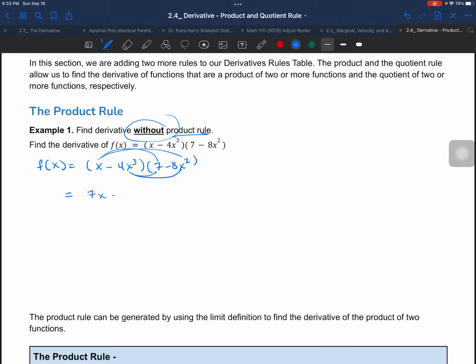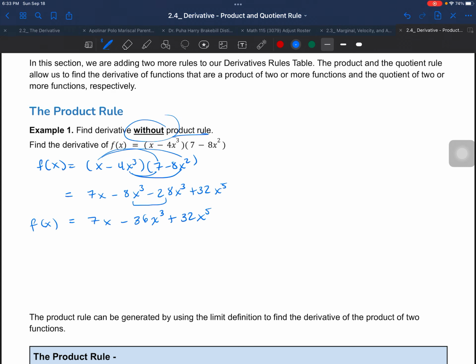We're just expanding this. So this will be 7x minus 8x to the third minus 28x cubed plus 32x to the fifth. All right. So we would combine these two together. We would have 7x minus 36x to the third plus 32x to the fifth.